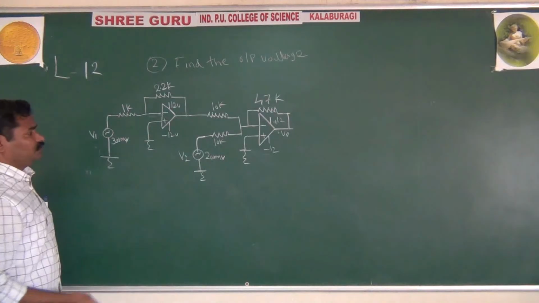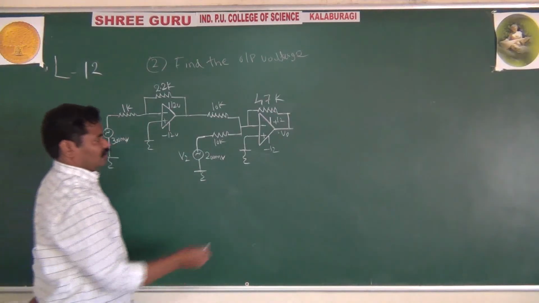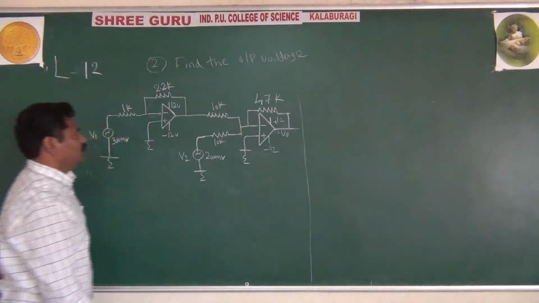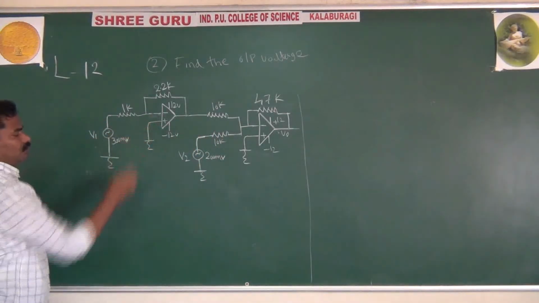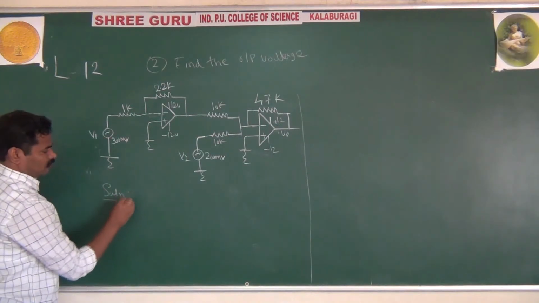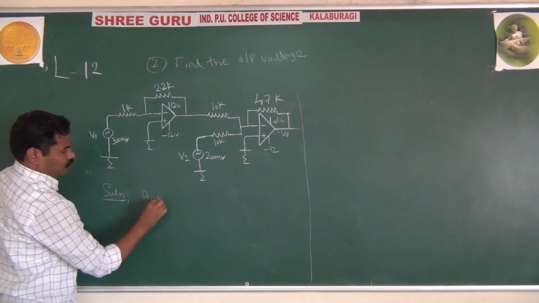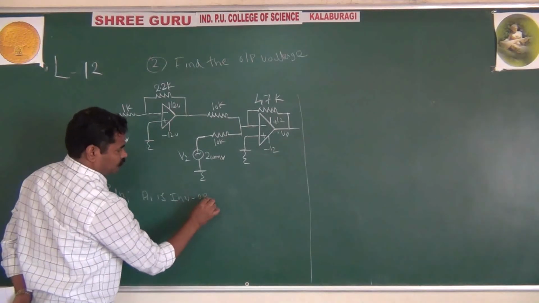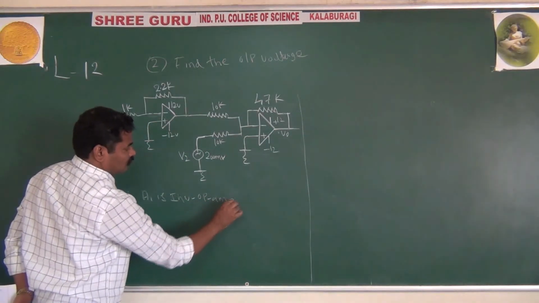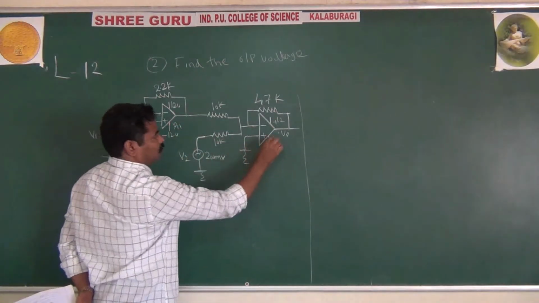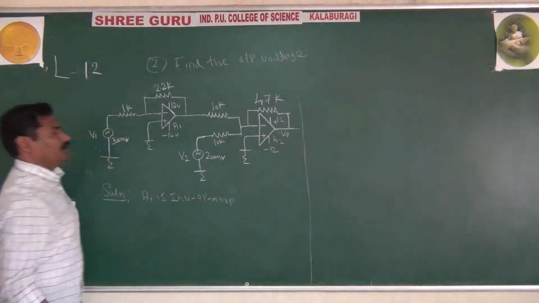And as usual, we can find out the voltage here. As I said already, very simple. Your first stage is nothing but your A1, and write the solution. A1 is an inverting op-amp, and your A2 here is nothing but A2.